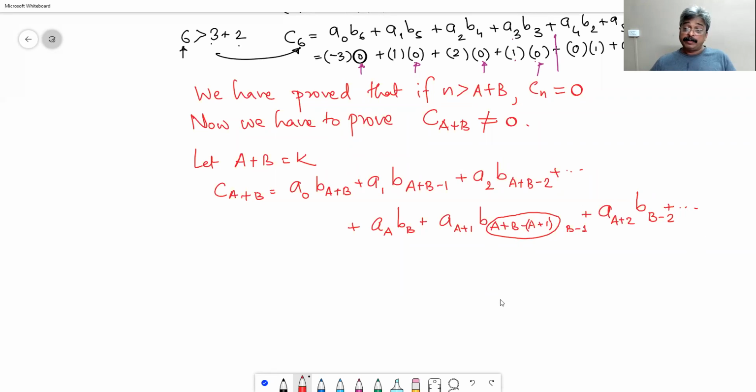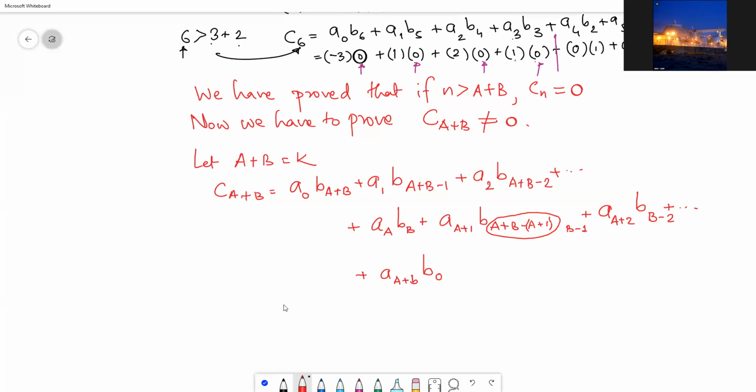Finally, what will be the last term? Plus a_(A+B) b_0. Is this understood? This is our definition of c_n. Sir, that should be capital B, no? A plus capital B, yes, here.